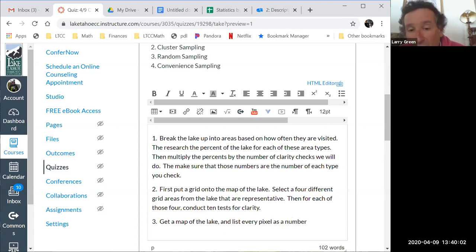In other words, you order them as pixel 1, pixel 2, pixel 3. Then use a computer to select 40 of these pixels randomly. Computers do random, no problem. Then measure at these 40 locations.